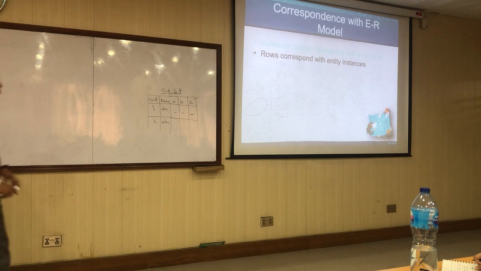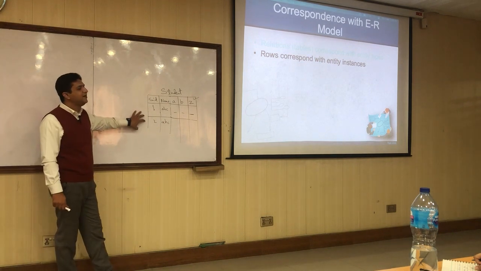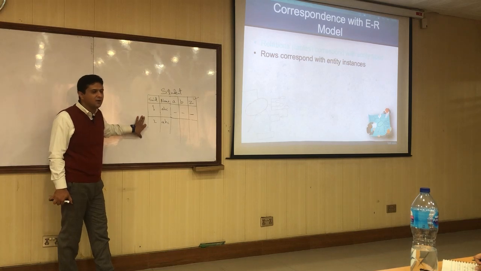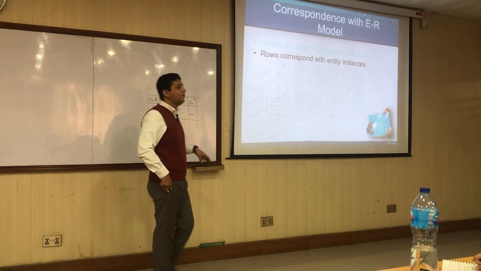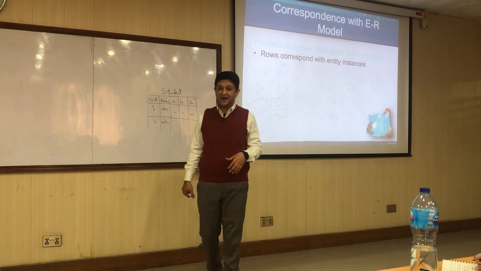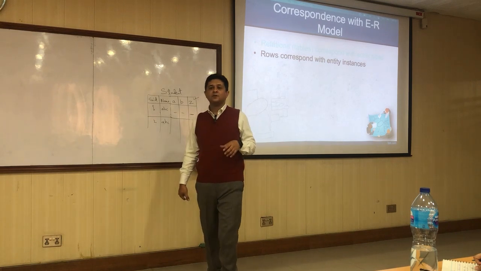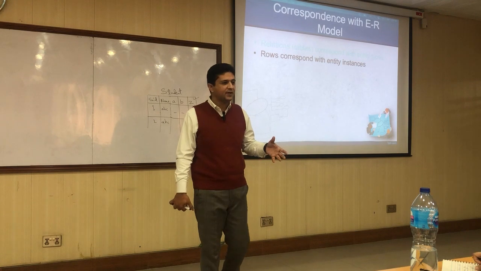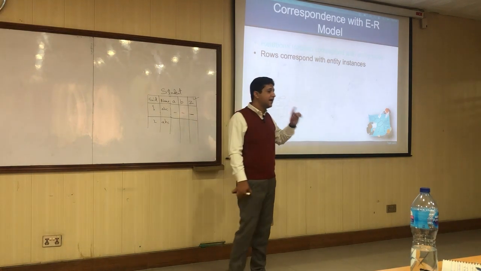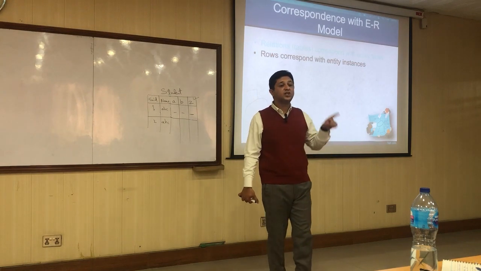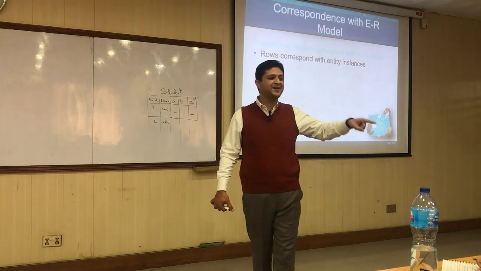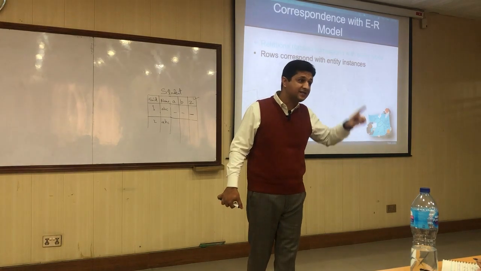And these rows basically represent the entity instances, okay? Although we did not model entity instances in the entity relationship diagram, rather we modeled the entity types and the relationship types, those entity types and relationship types were modeled with the help of entity and relationship instances.